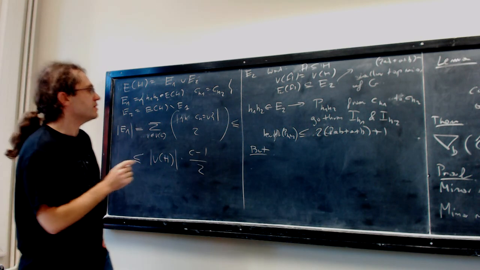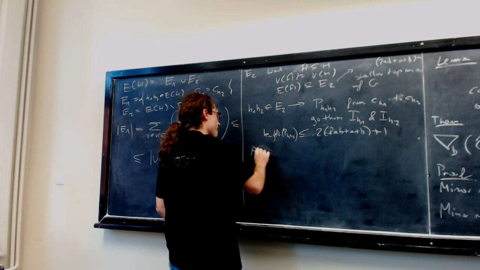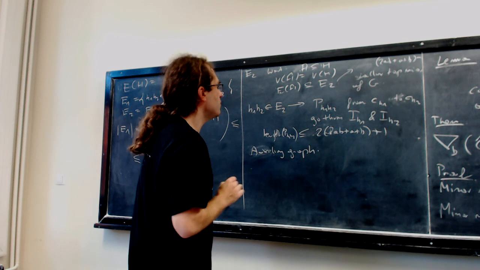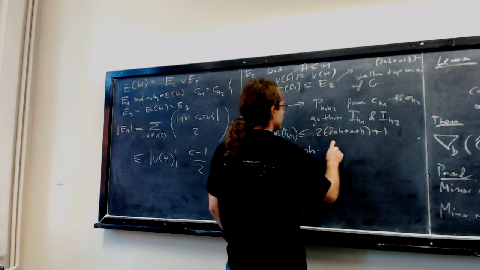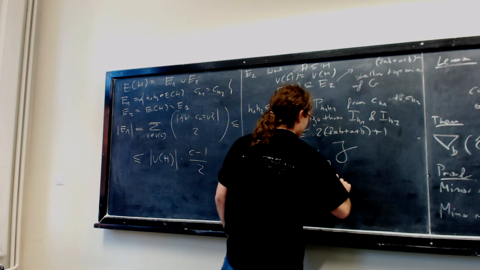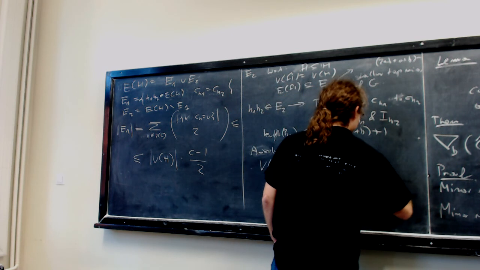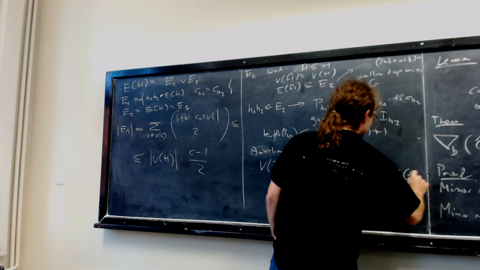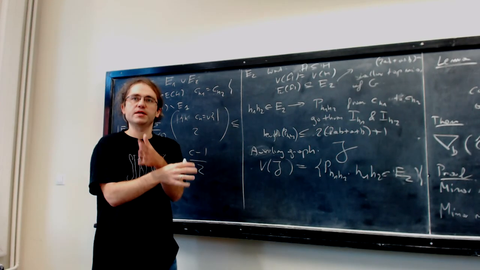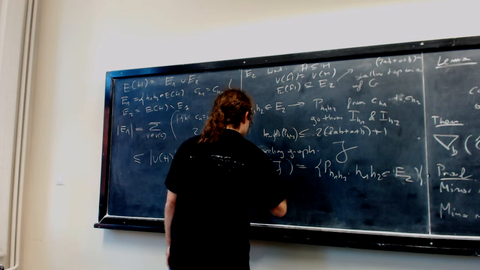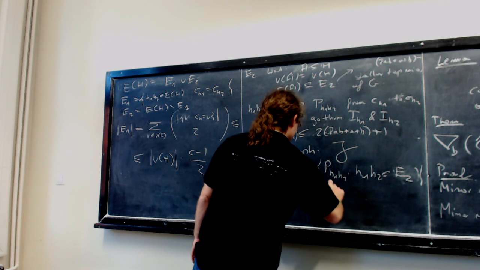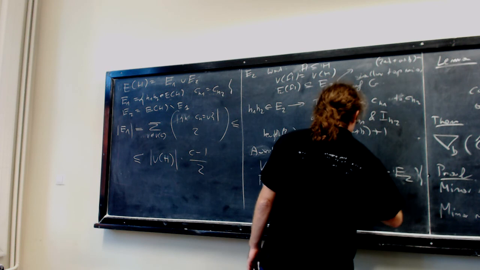Let's now make an auxiliary graph. I ran out of letters, so let's call it J. The vertices of J are these paths p(H), for edges in E2, and an edge means that they intersect internally.